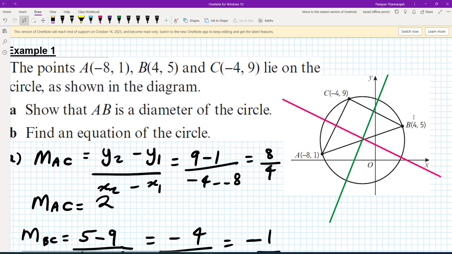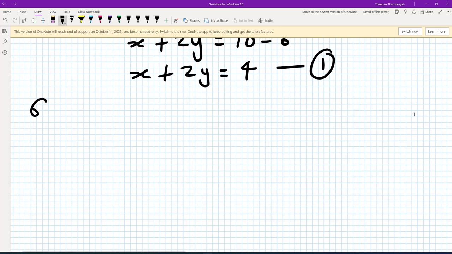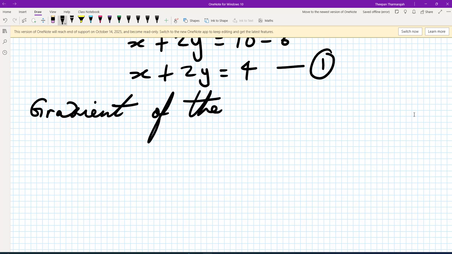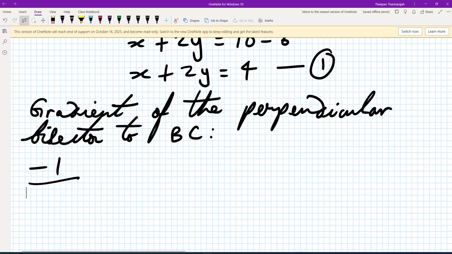Now we're going to do exactly the same thing for the green line. We need to find the gradient of the perpendicular bisector to BC. So let's do that in the same manner. The gradient of the perpendicular bisector to BC is -1 over what we found earlier.